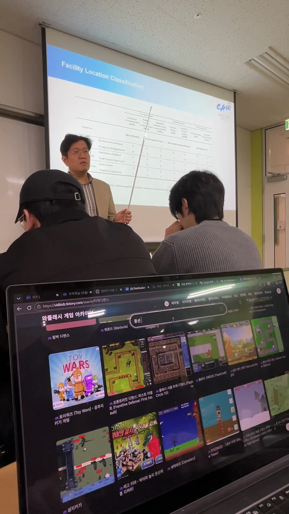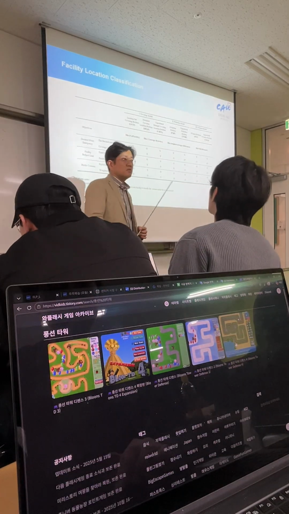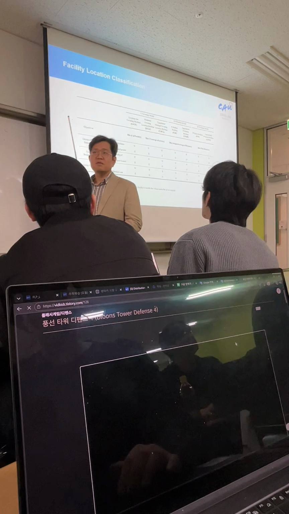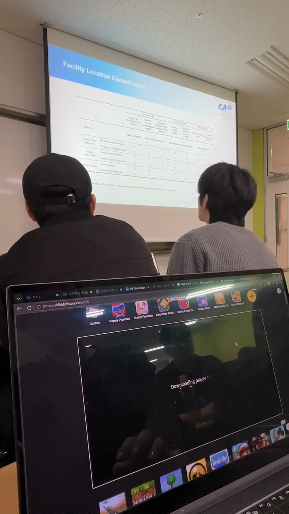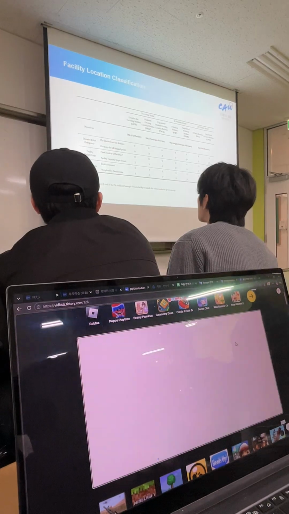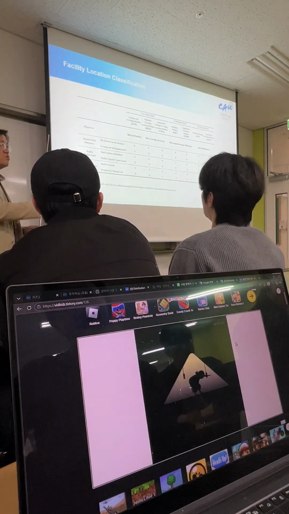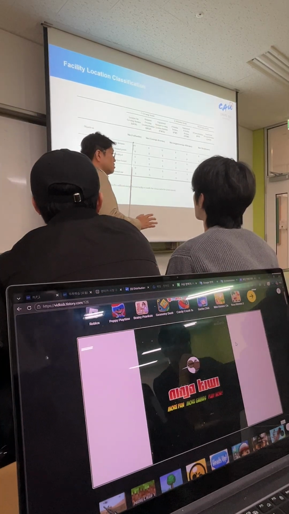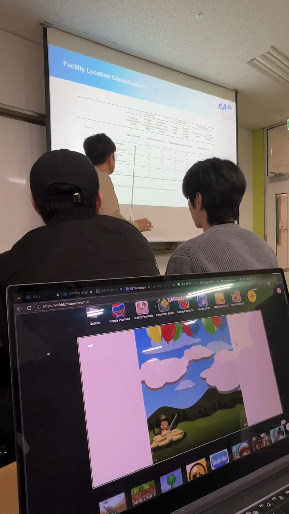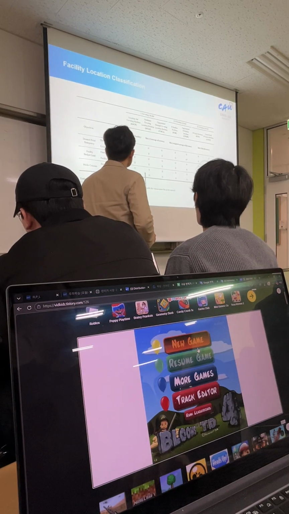But the thing is that the fixed number of facility. That means I have a budget constraint. So the maximum budget I have is 3 facility or 4 facility. Instead, I can waive some demand points through the optimization.